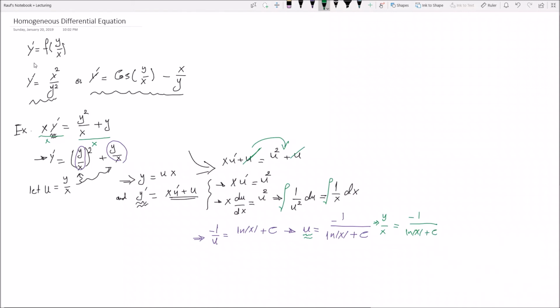Now we do cross multiplication for both sides of the equation. So y as a final solution equals minus x over ln the absolute value of x plus c. And this is the general solution of the original homogeneous equation.